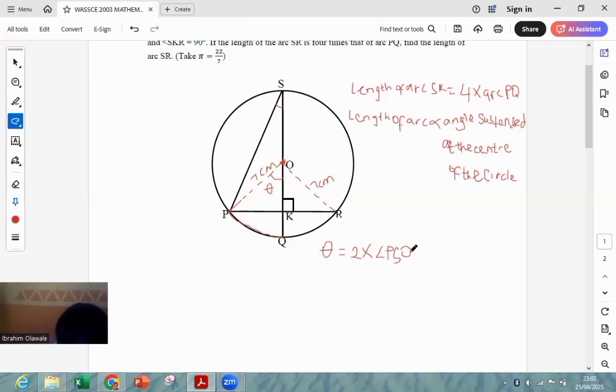That is, angle at center is equal to two times angle at circumference.